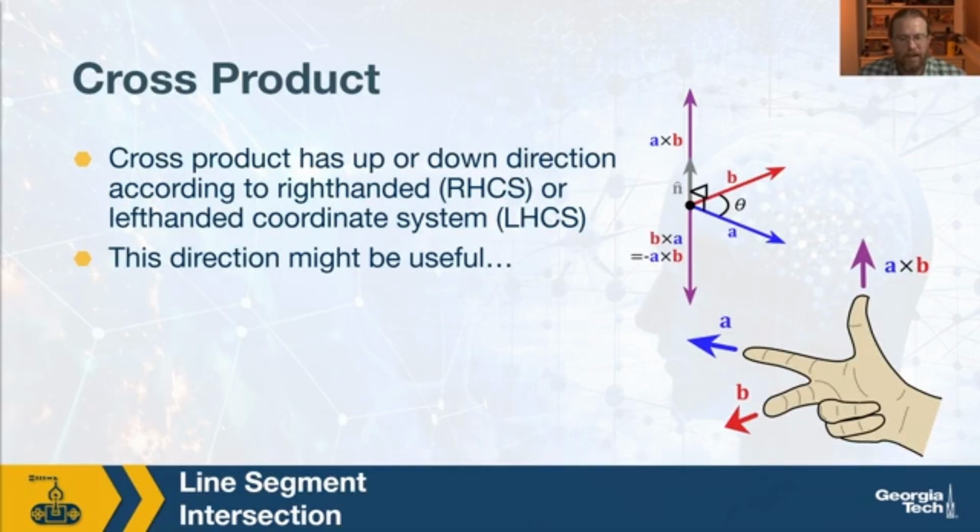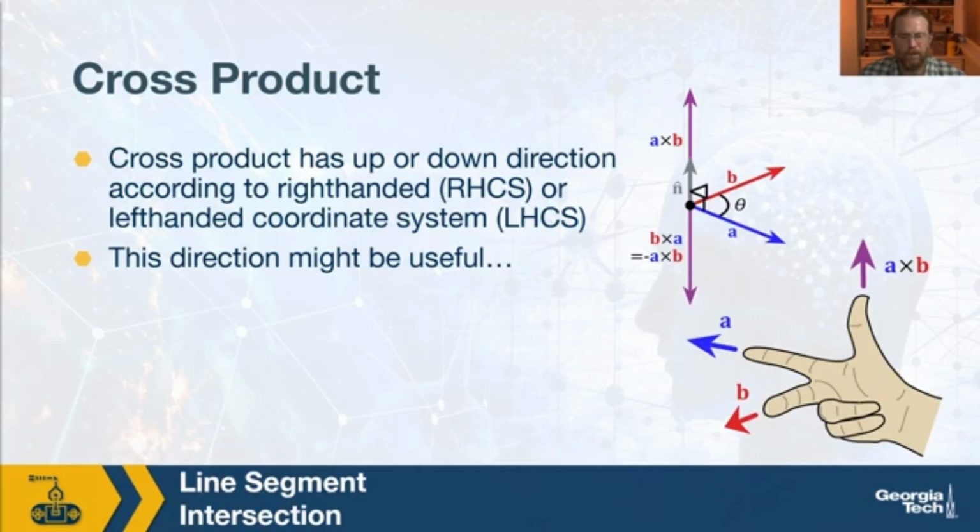A little bit about the cross product. If we don't take the magnitude of the cross product, there's more information we can get out of this. Depending on whether you have a right-handed coordinate system or a left-handed coordinate system, that will define which direction the cross product in the positive direction will go.